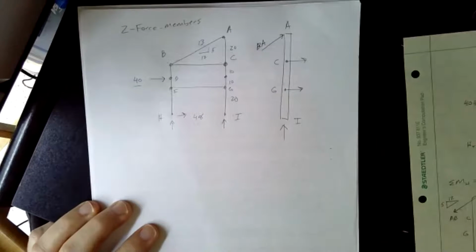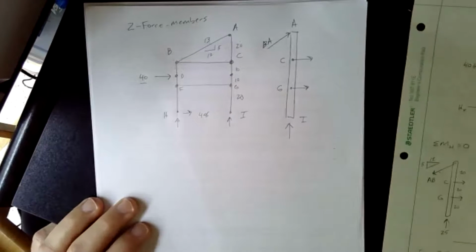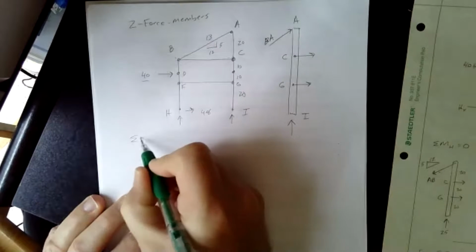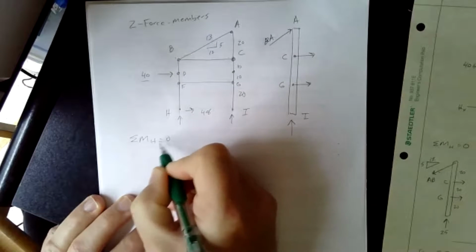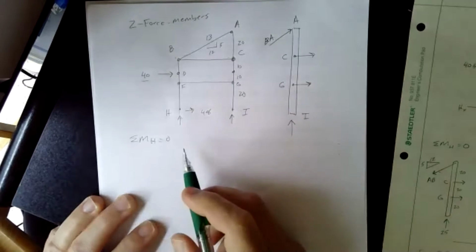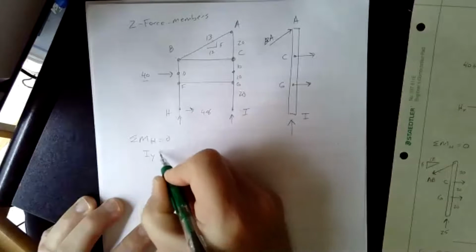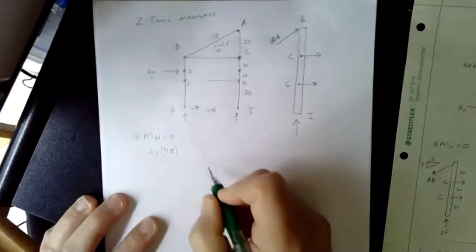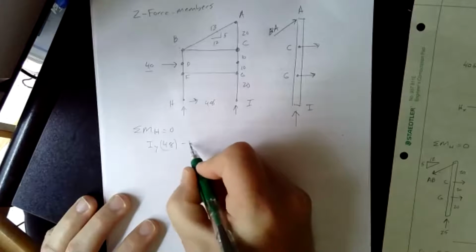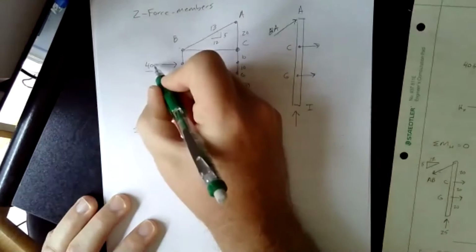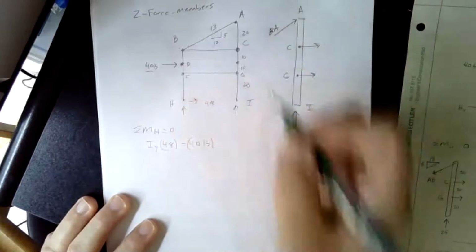So if we're going to go ahead and solve for that, first we can sum the moments about H to 0. If we do that, we get IY times 48 minus 40 pounds, because that's our applied force. We have 40 pounds applied at D, remember?